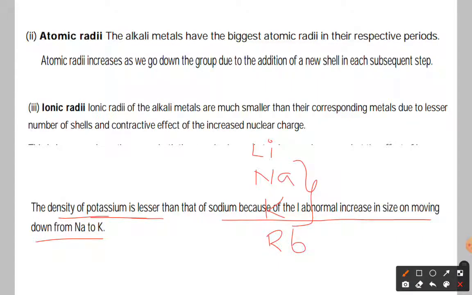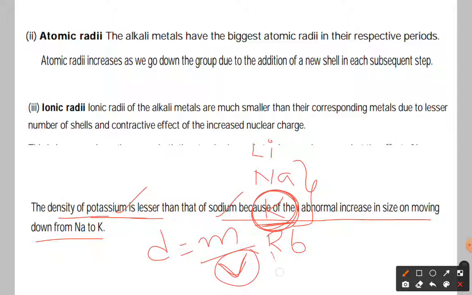The density of potassium is lesser than that of sodium. Why? Because there is an abnormal increase in size. As you know very well, density is equal to mass by volume. So once the size increases, the volume increases, and the density decreases. Because of the abnormal increase in size, the volume increases, so the density of potassium is less than that of sodium.